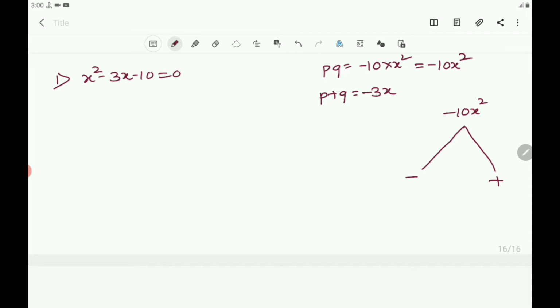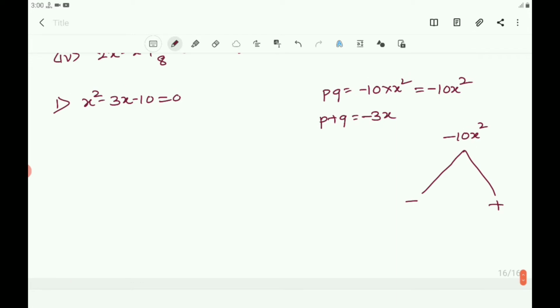In which table is 10 there? 1 tens are 10 and 2 fives are 10, that is 5 twos are 10. So you can have minus 5 and plus 2, that is minus 5x and plus 2x.